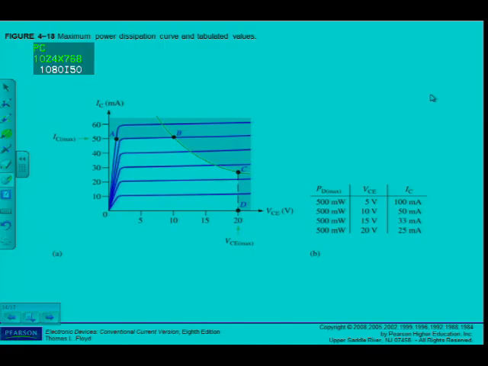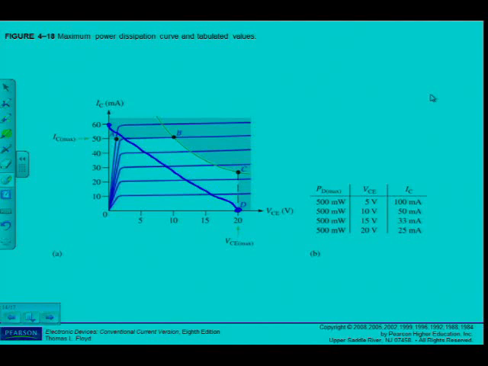Remember, we had the saturation point, this is the cutoff point, and I have my load line there. IC max and VCE cannot be maximum at the same time, and I can see it according to this load line.